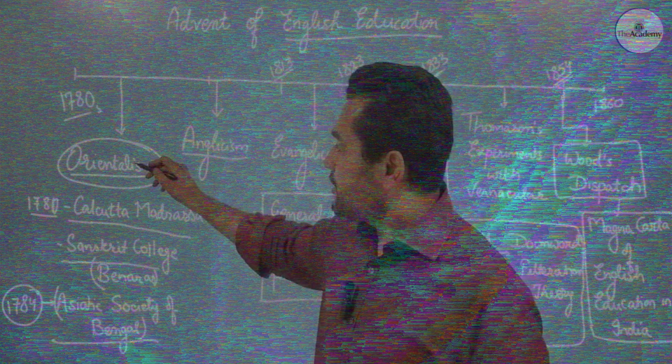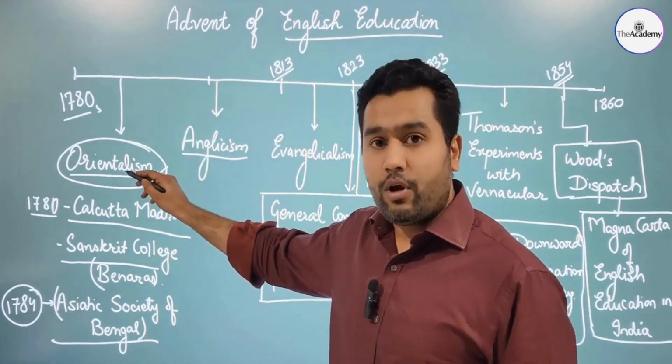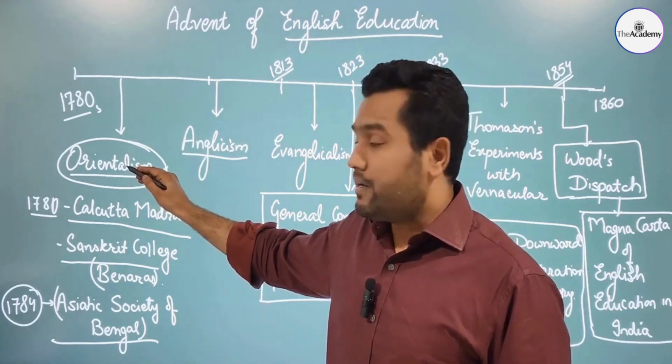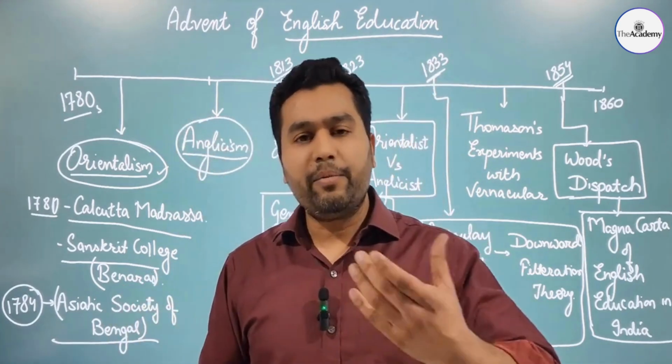And whatever distorted knowledge this Orientalism produced, this distorted knowledge created a ground for the English to claim their supremacy. Let me give you an example.